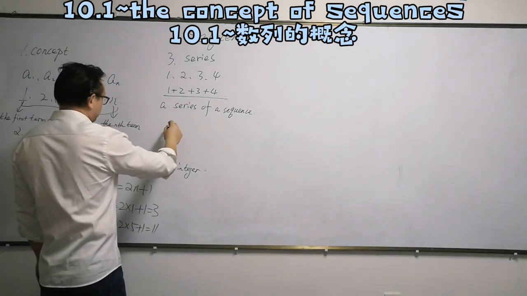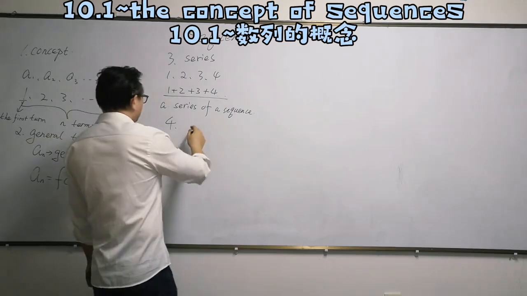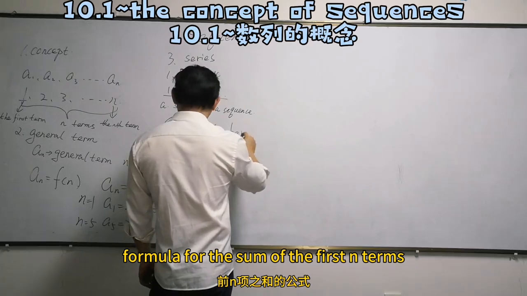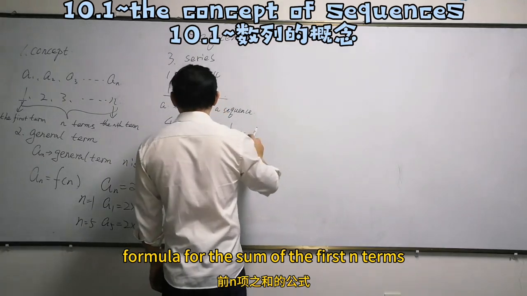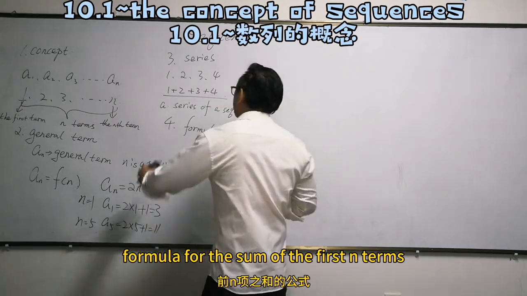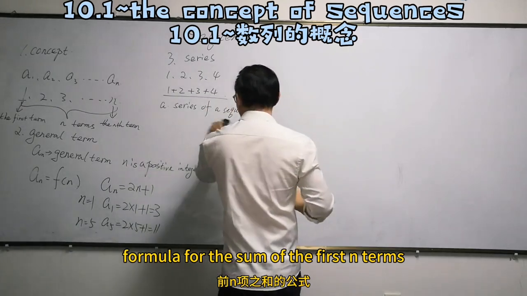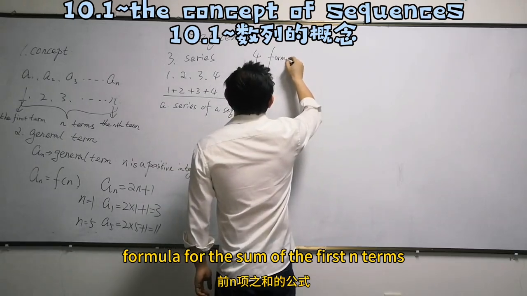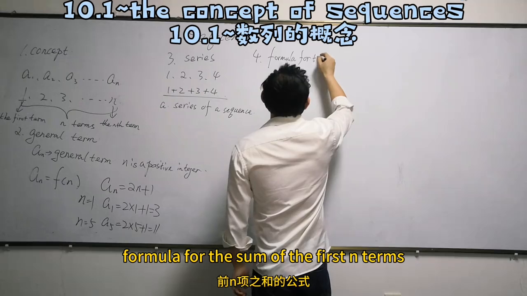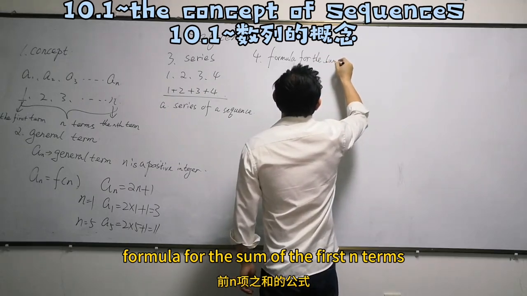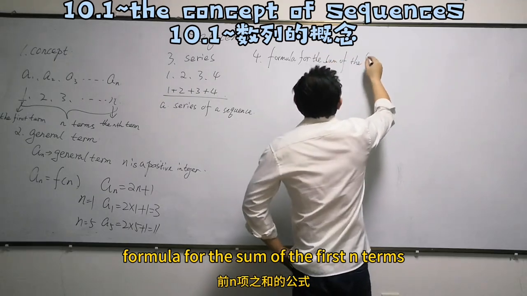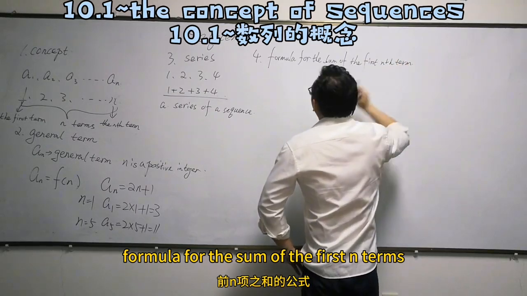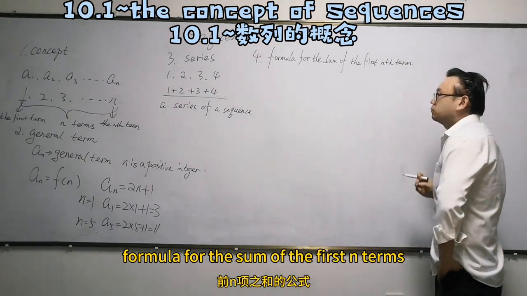4. Formula for the sum of the first nth term.